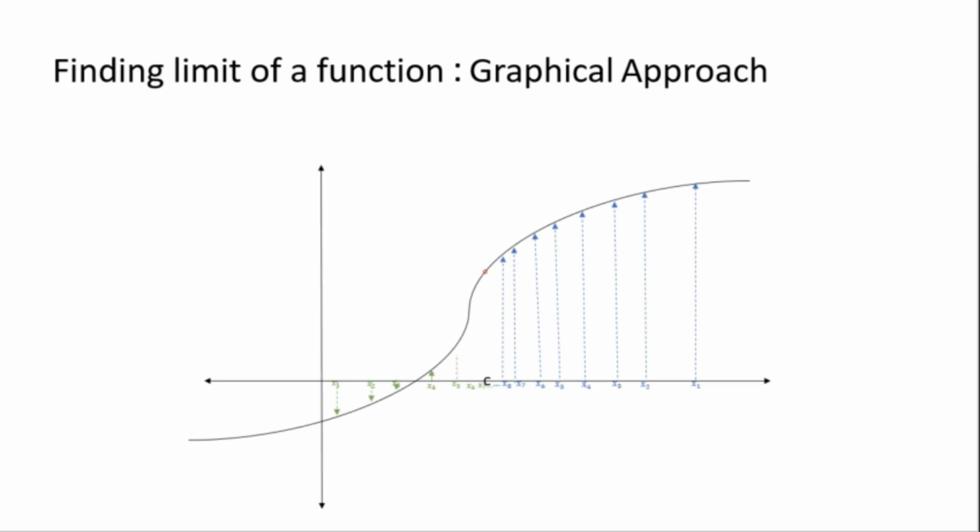Such an action is similar to the process of evaluating the function at each of those x values. It's similar to the step 2 of the numerical approach. The computed value of f of x can be visualized along the y-axis this time.